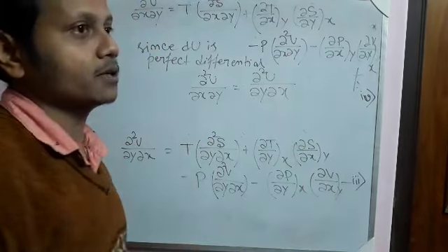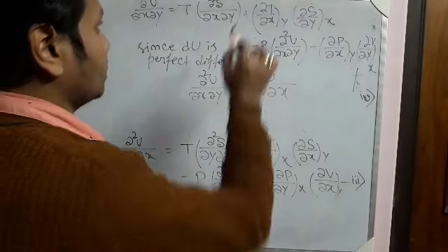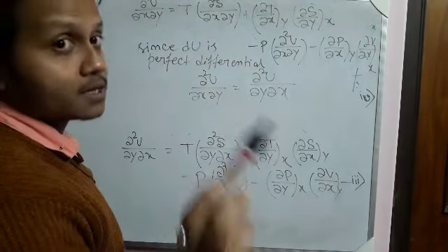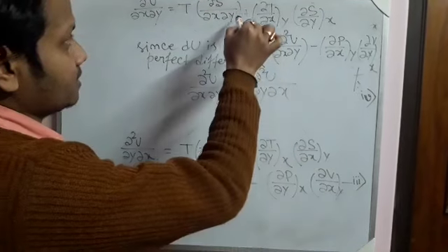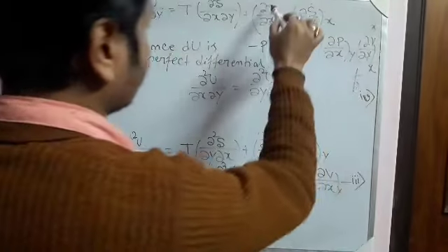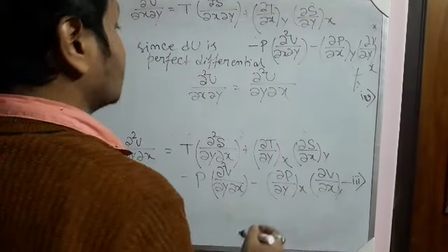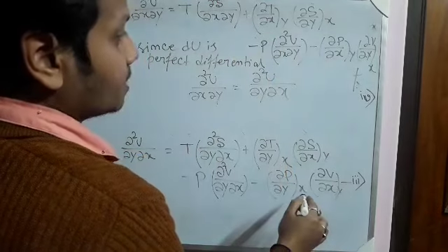This is the condition. I will discuss it later. So these and these are equal. Just see, this relation and this relation are equal.